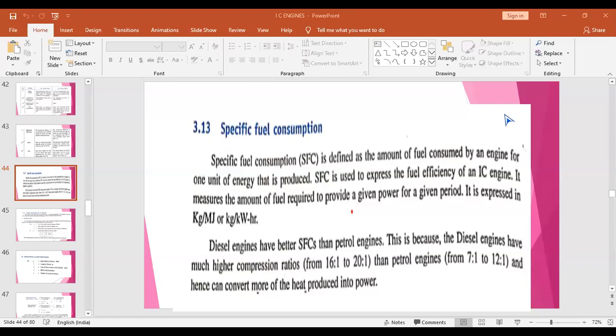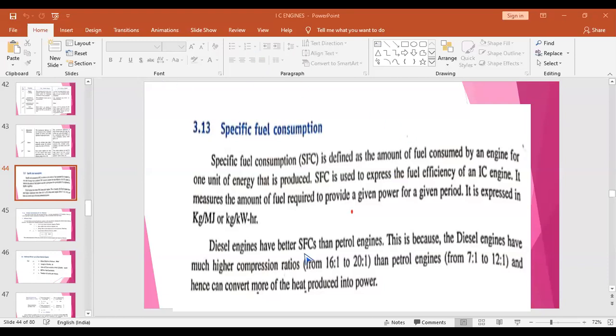That is, for 1 unit of energy produced, how much amount of fuel is consumed? That is nothing but the specific fuel consumption.